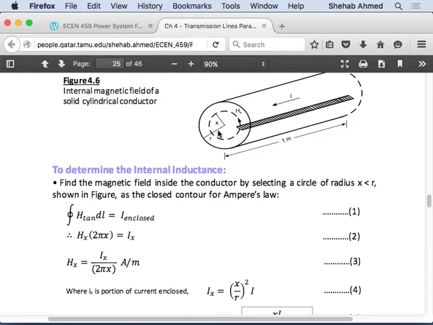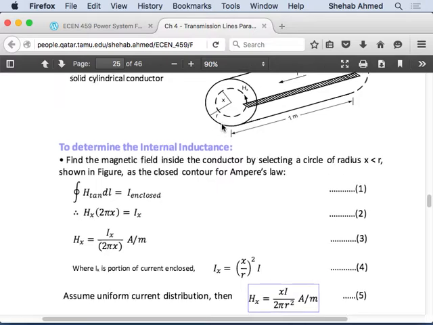So the relation between Ix and I is the area of the small circle, with 1 meter in length, so this cylinder, and the large cylinder.